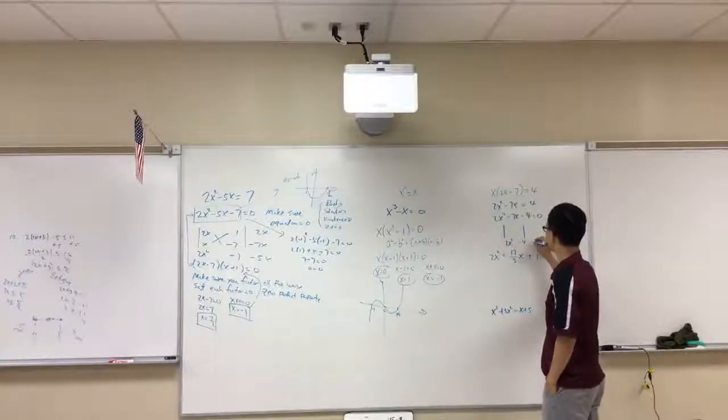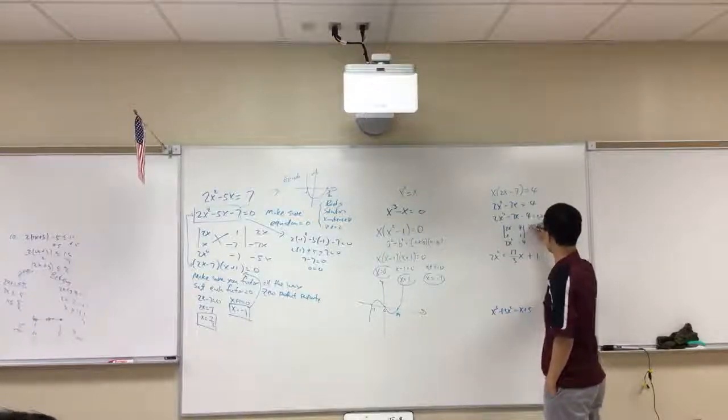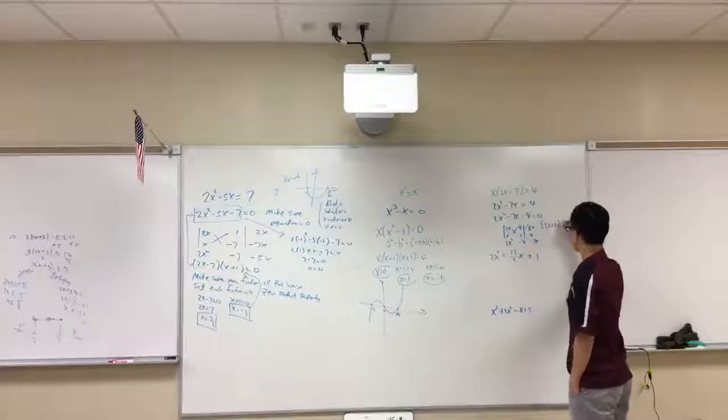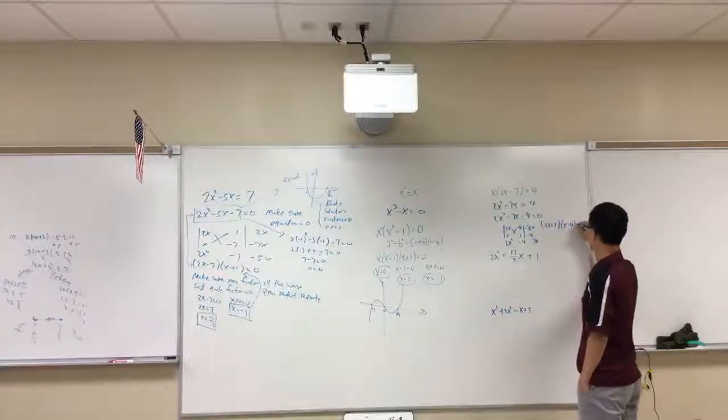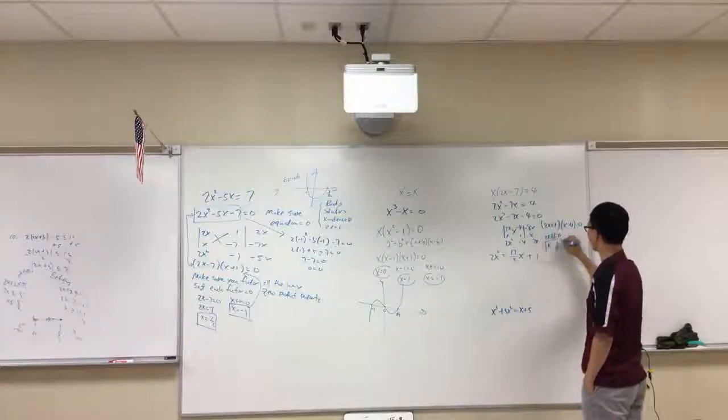So that's going to be 2x and x, 4 and 1. That's going to be ax and x. Which one needs to be negative? This one needs to be negative, right? 2x plus 1, and then x minus 4 is equal to 0. 2x plus 1 equal to 0. X is equal to negative 1/2. I will finish this one on the video.